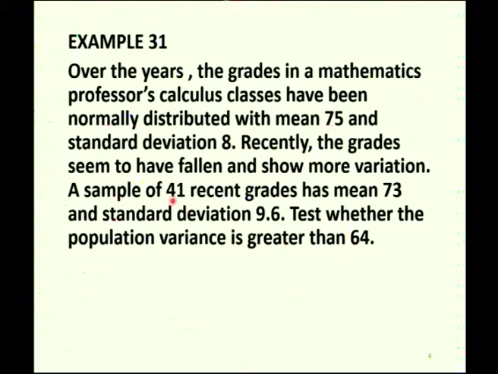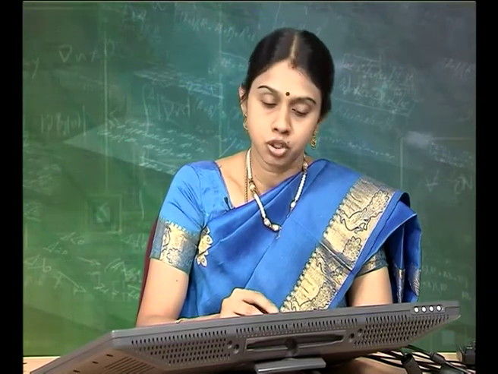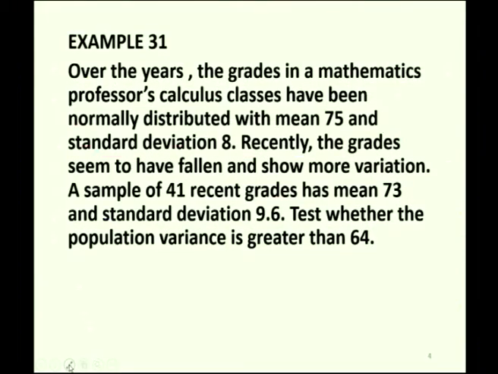Now, this particular sample size 41 is above 30, and therefore, it comes under large sample test. Therefore, the random sample has a normally distributed population, that is, it is following normal distribution. Okay, we will work out this problem taking all the values.